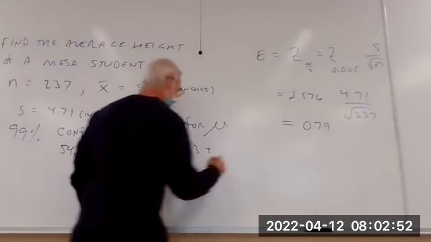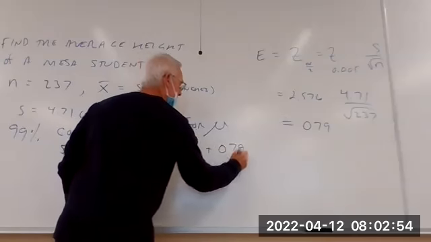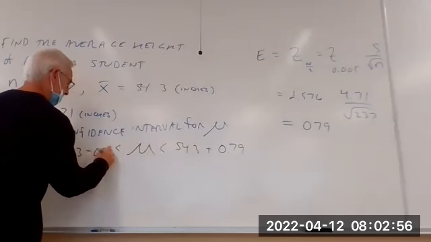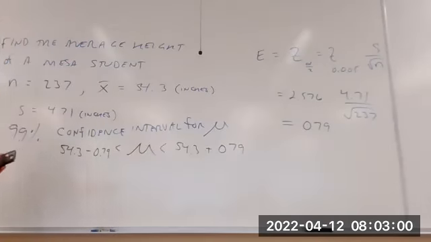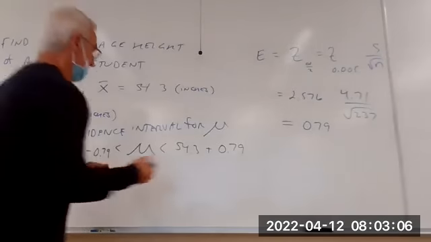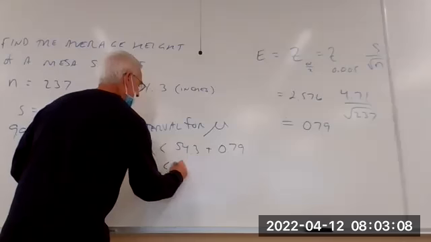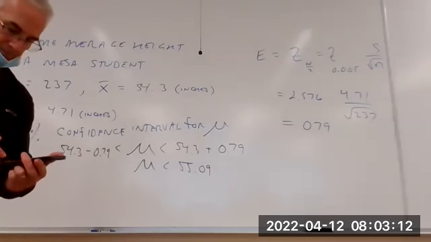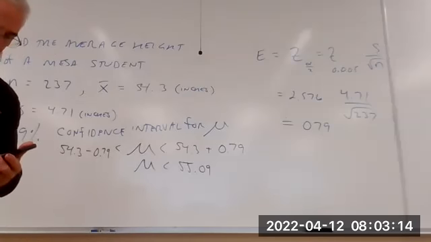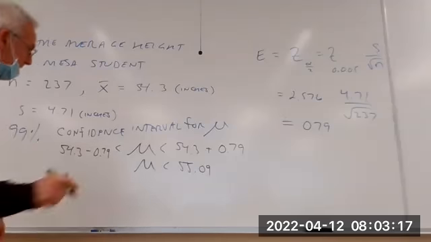But the error is only this much. Boy, that's wonderful. If we could only be so lucky in real life. So I've got the mean is less than 55.09 and greater than 53.51.